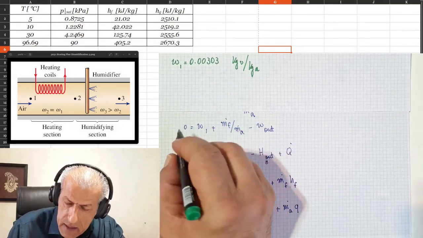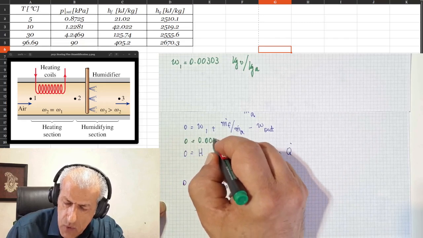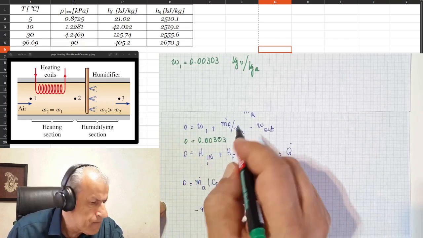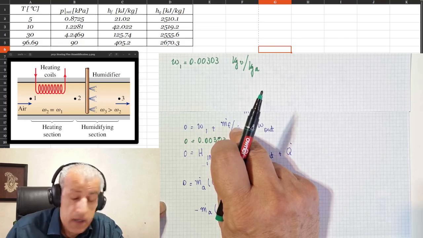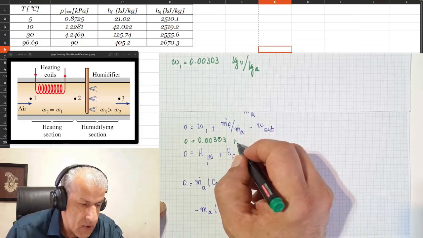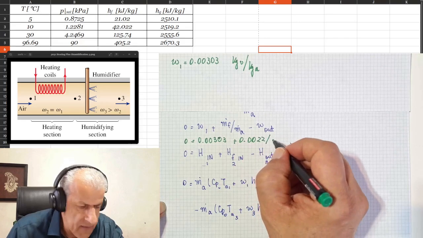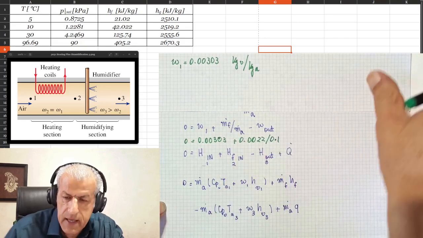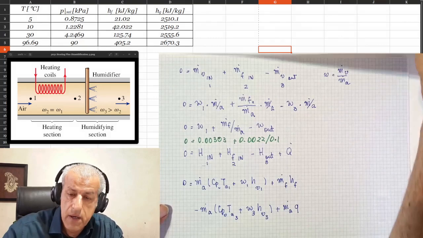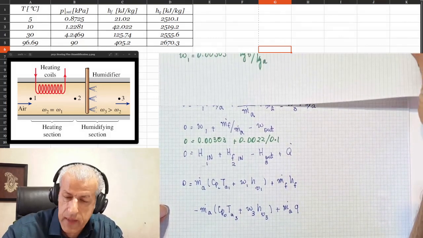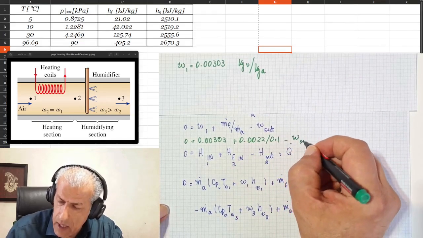Now let's insert it in this equation: 0 equals W1, which is 0.00303, plus the mass flow rate of ingoing water, 0.0022 divided by 0.1, the air mass flow rate, which are the two values given by the problem, minus W out.